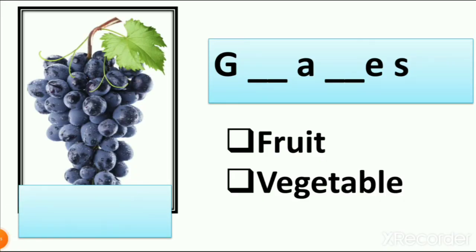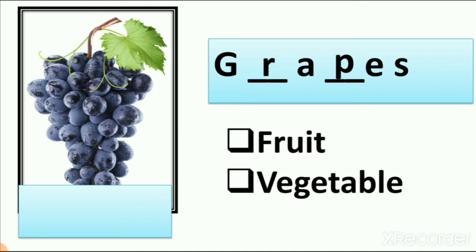So what is the spelling of grapes? We have to write it here. G. Then which letter comes?